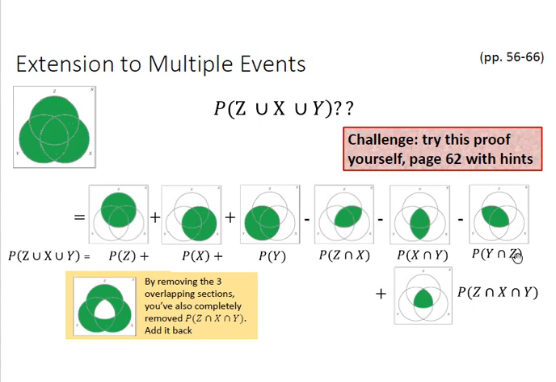For 3 events, the probability of Z union X union Y is the probability of Z plus the probability of X plus the probability of Y minus the probability of intersection Z and X, minus the probability of intersection Z and Y, and minus the probability of intersection X and Y, plus the probability of intersection of Z, X and Y. To prove this equation you can see page 62.